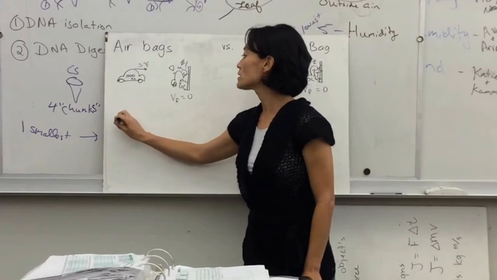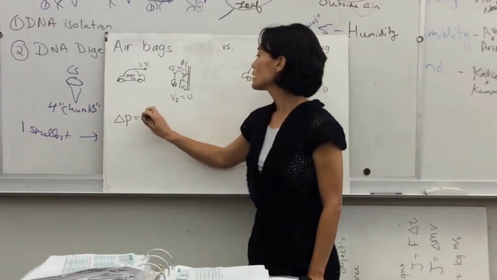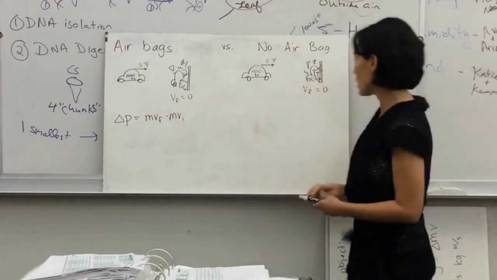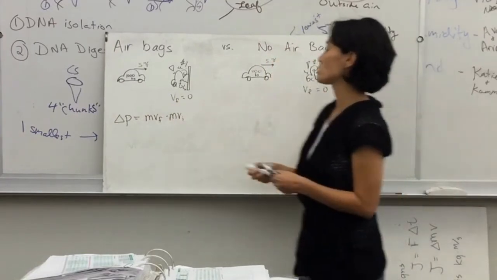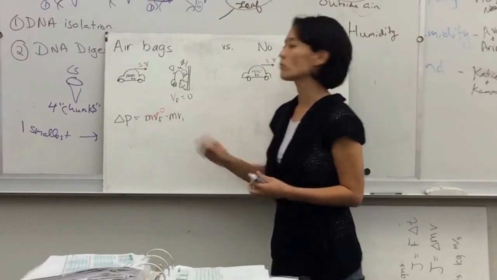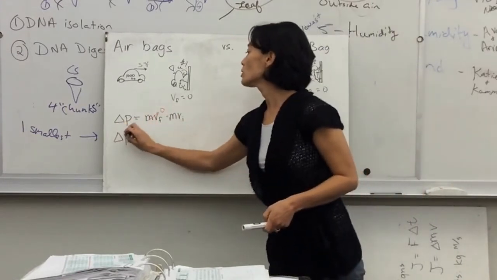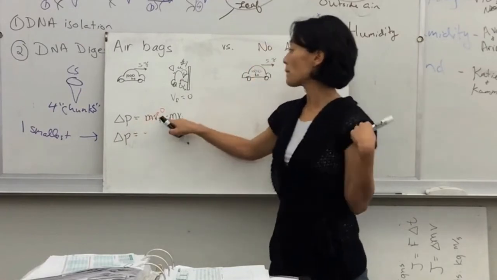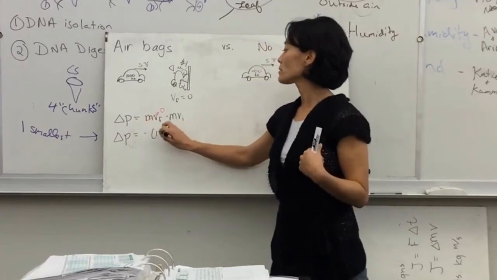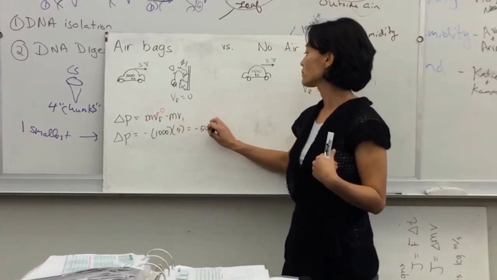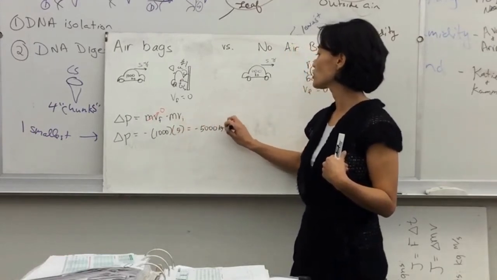My change in momentum is mv final minus mv initial. Well, my mv final is just zero, like I come to a complete stop. So my change in momentum would be minus the mass of this car, 1,000, times my initial velocity of 5, so that's negative 5,000 kilogram meters per second.